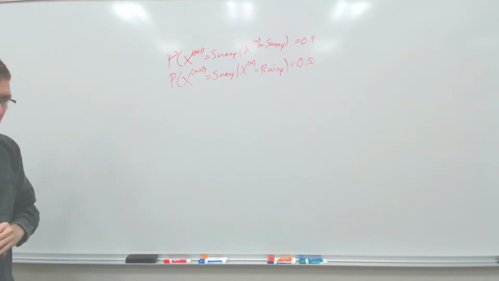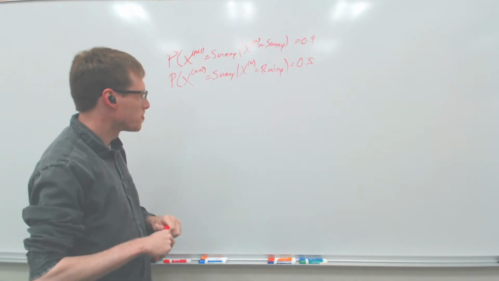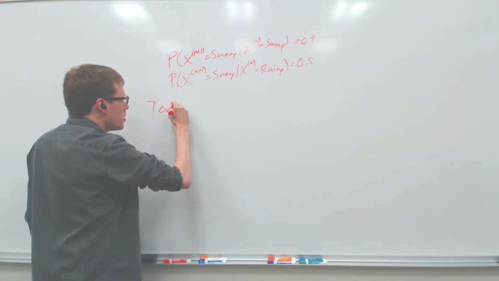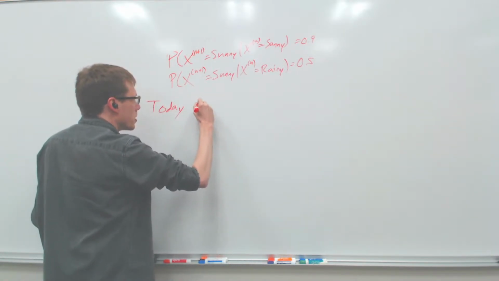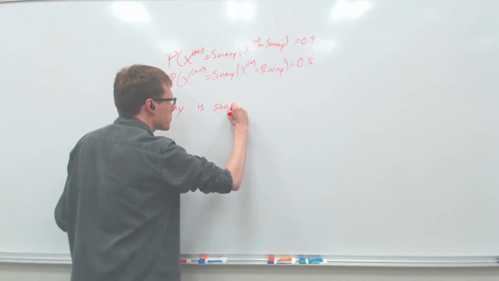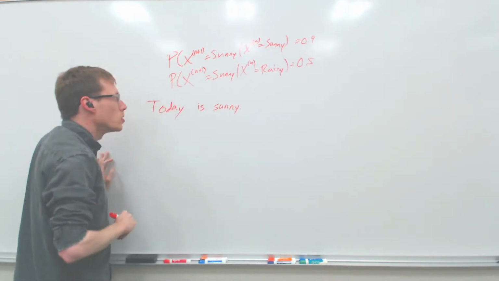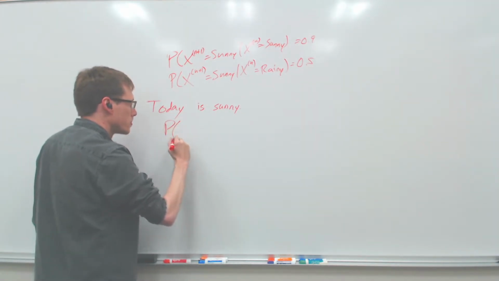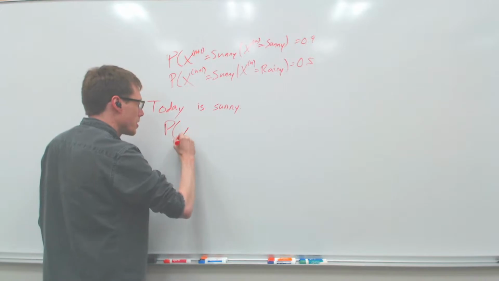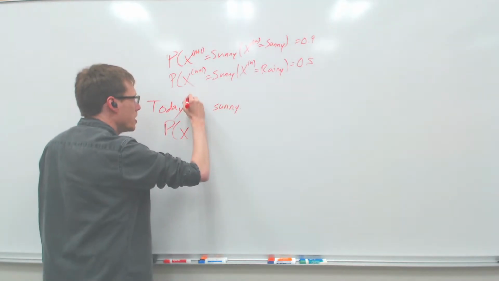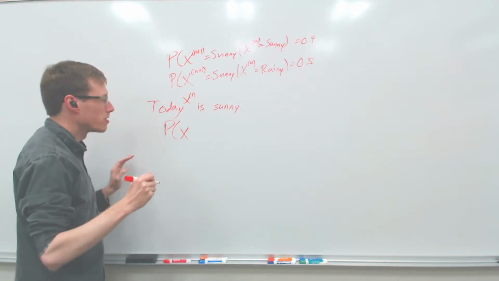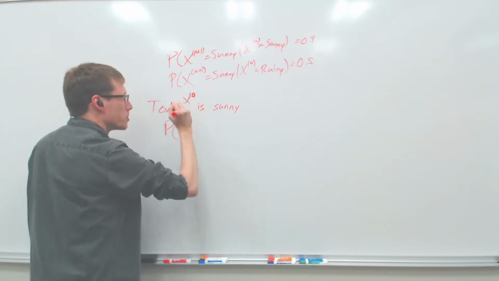So let's analyze it some, shall we? First things first, suppose today is sunny. What's the probability tomorrow is sunny? We'll label today x1, or rather, let's label it x0, because we're now programming.